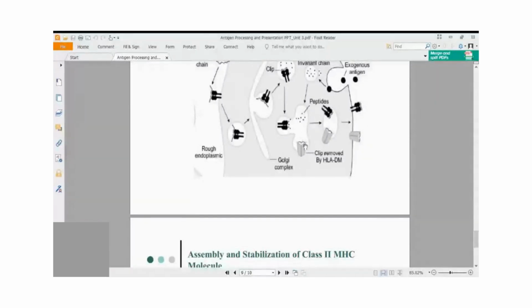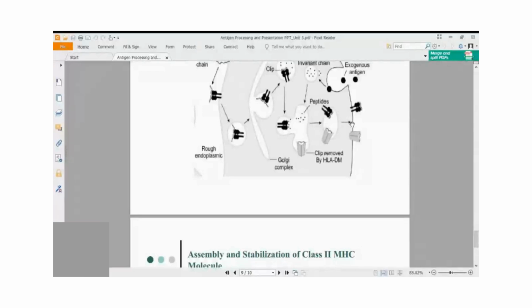Together with the HLA-DM bound to the clip protein, now that vesicle migrates to the membrane. At present, the clip protein is bound to the HLA-DM, and the antigen groove of the class 2 MHC is occupied by the antigen of the exogenous origin.